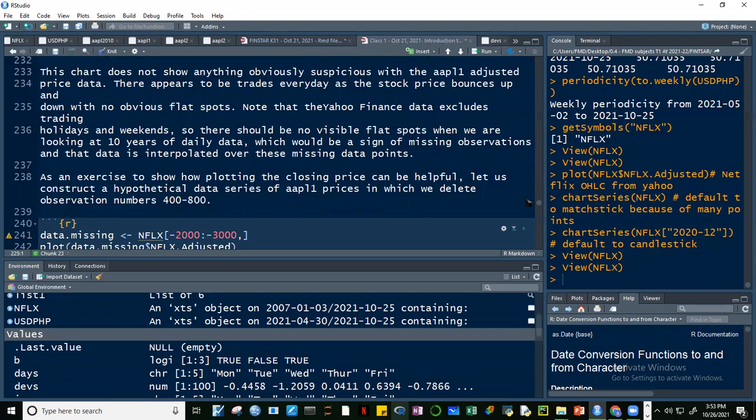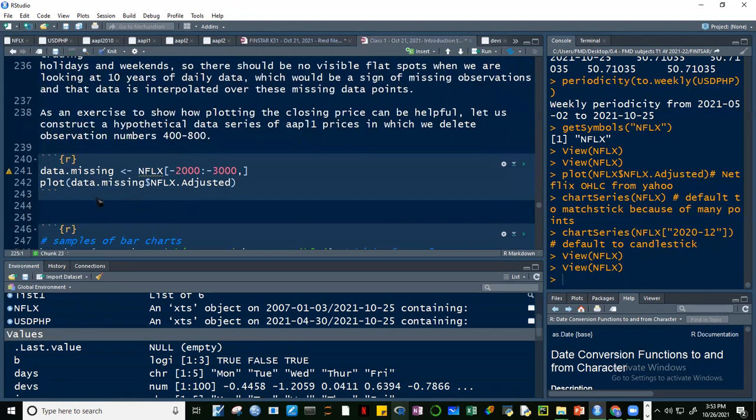Now let's take a look at this code. Let's create an object called data missing, and then let's plot. Let's choose all the Netflix data except the 2,000 up to 3,000 rows.